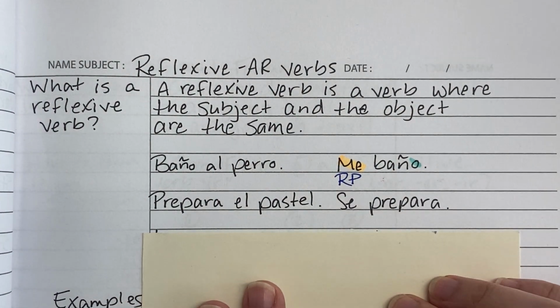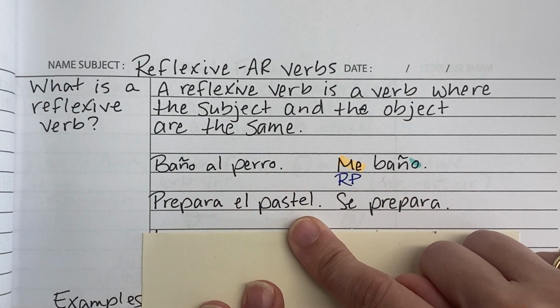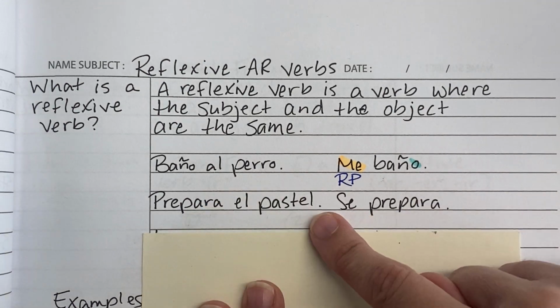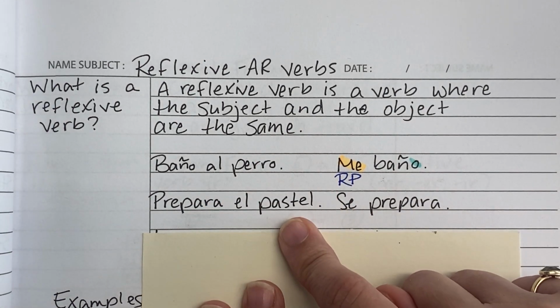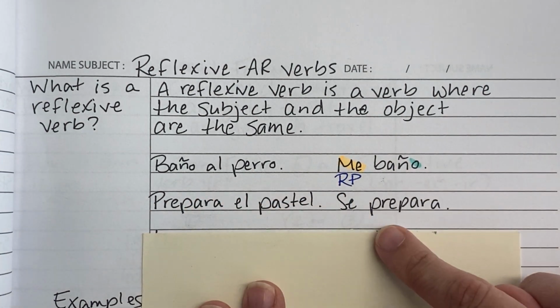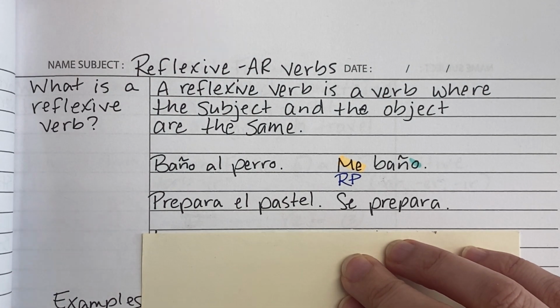Prepara el pastel. So prepara el pastel, he or she prepares the cake. The subject is he or she, right? He or she prepares. And the object, what are they preparing? The cake, okay? So those are two different things, he or she and the cake. Versus se prepara, well, now we have this reflexive pronoun.